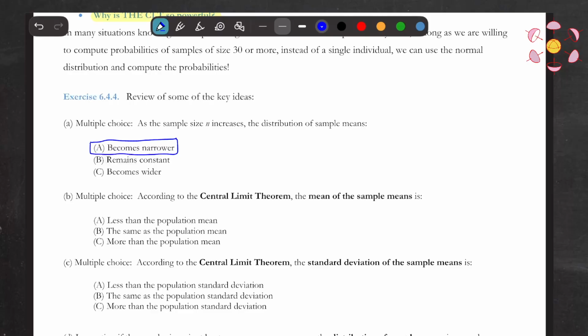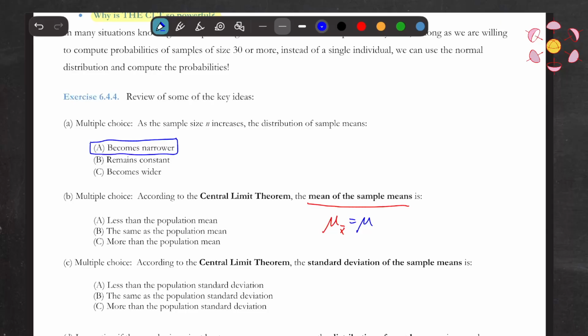Part B. According to the central limit theorem, the mean of the sample means is, well, the mean of the sample means, it's a weird tongue twister, but we've got good notation for that. The mean of the sample means is the population mean.